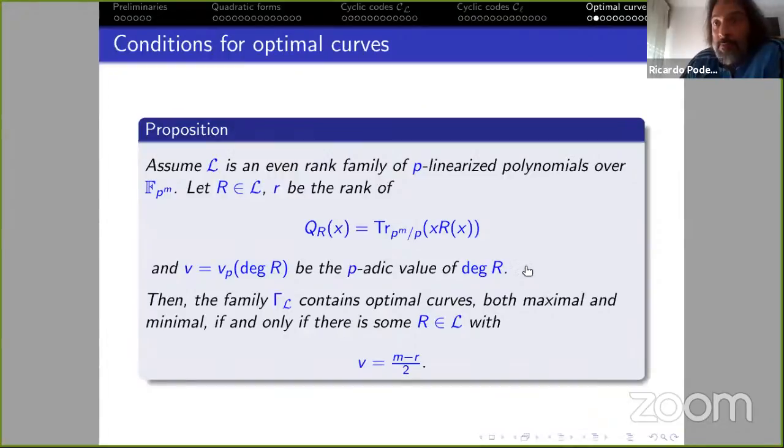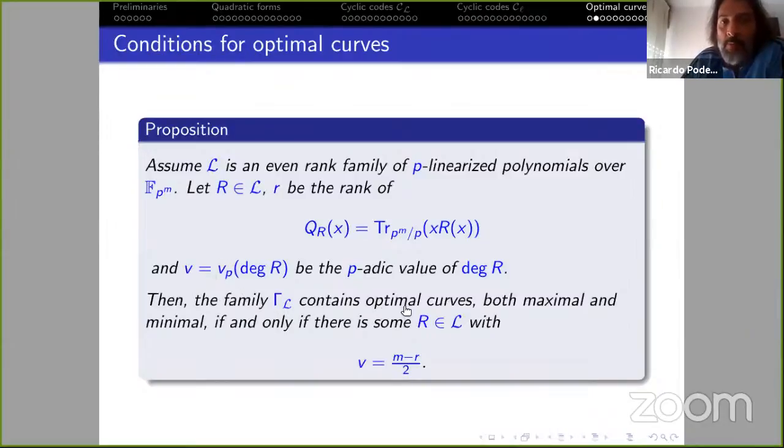And we have a general condition. If L is an even rank family, fix a rank R of this quadratic form, and suppose b is the p-degree value of the polynomial. Recall this is a p-linearized polynomial, so the degree is p to some number, p to the b.